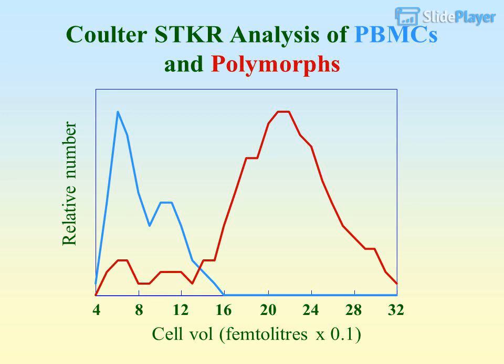Cell volume, femtoliters x 0.1. Relative number. The Coulter counter analyzer essentially provides a cell volume analysis of a cell suspension. No PMNs are lost to the PBMC band. The PMN band contains approximately 5% PBMCs.